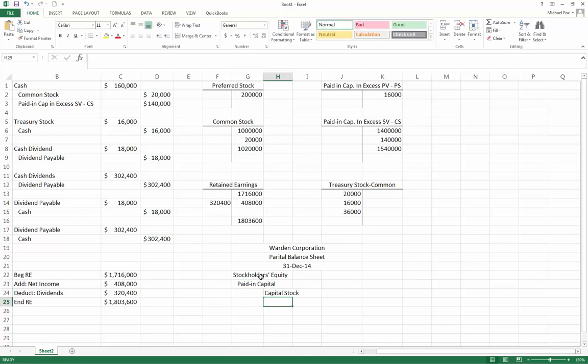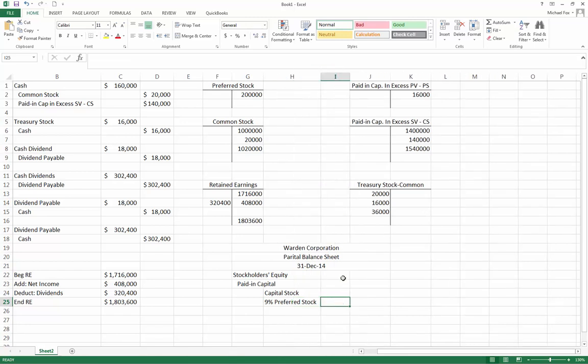Capital stock. We have the 9% preferred stock. Sometimes you can put a lot of other information. I'm just going to put that for now for simplicity's sake. So we can come up here and look at our preferred stock and see that it has a $200,000 balance.